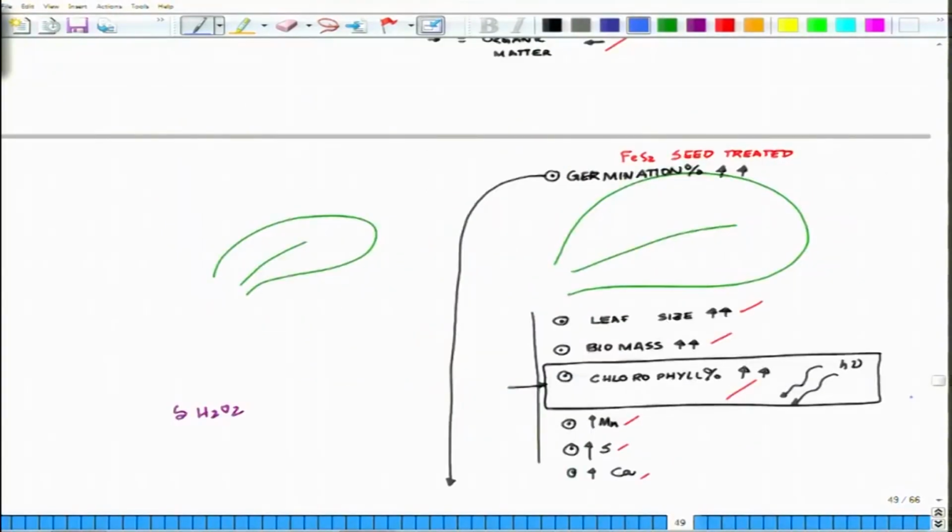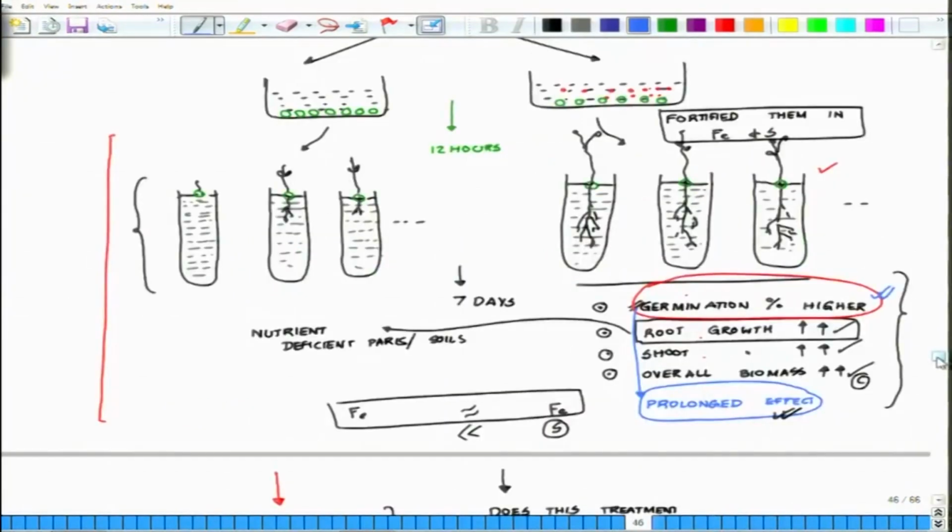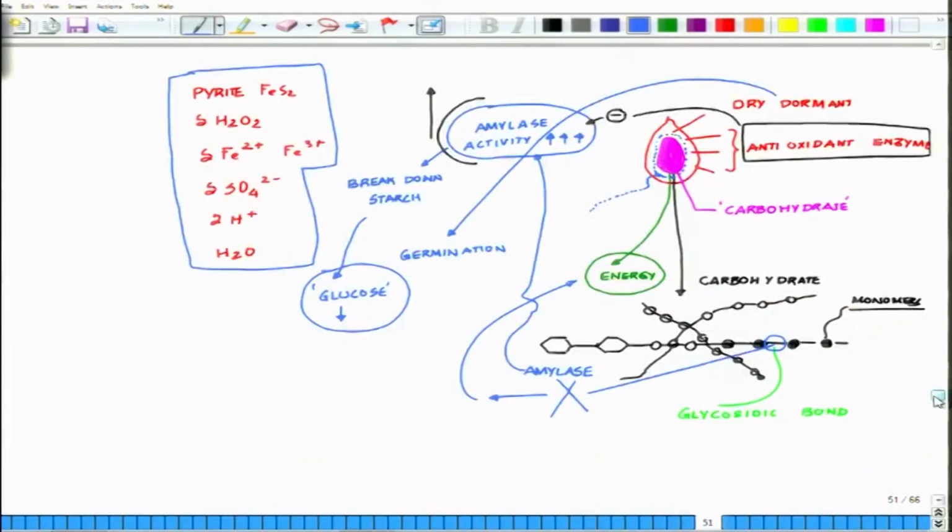So, if you look at it here, chlorophyll and of course the germination percentage, how pyrite is playing a role in germination. If you look previously also, the same thing, germination percentage. So, how is this material acting? Now, let me give a situation.